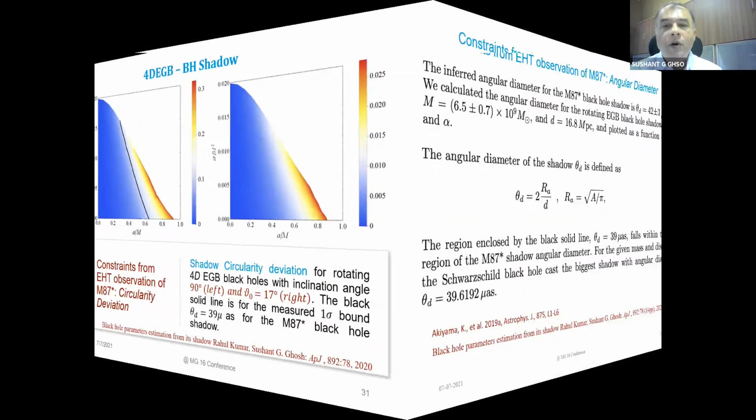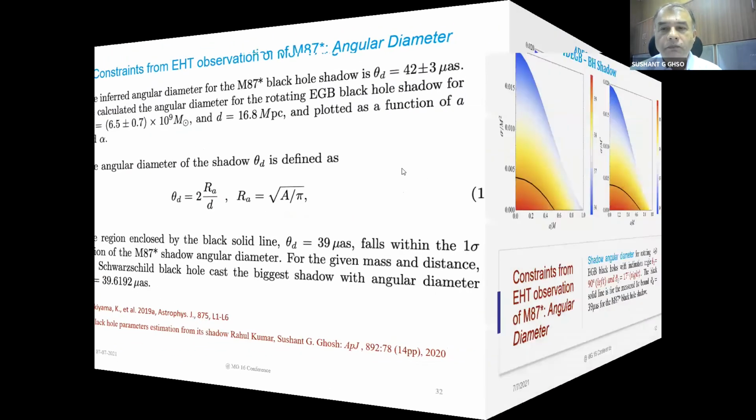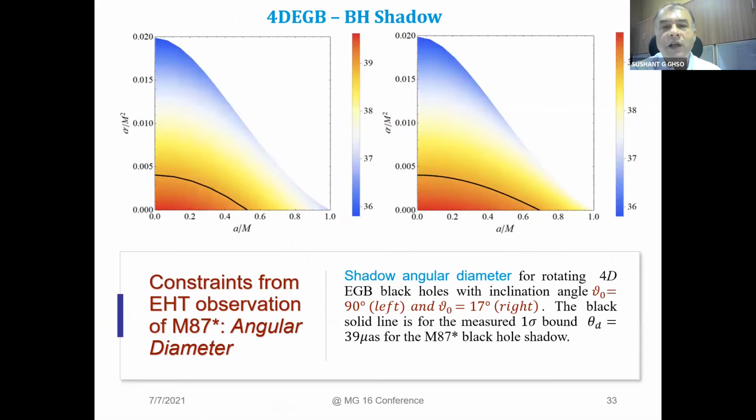Another very important observable is the angular diameter, and both observables should be satisfied. The angular diameter is defined by this, and they have given its value. We have plotted it for the 4D EGB black hole. This black line is at 39 microarcseconds.